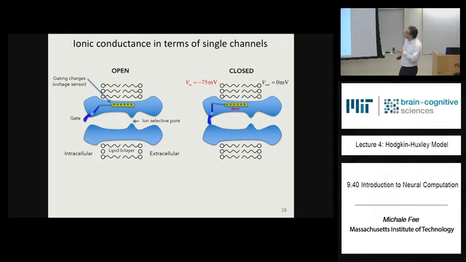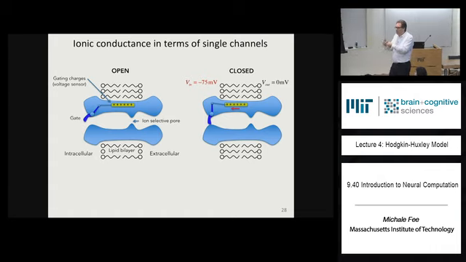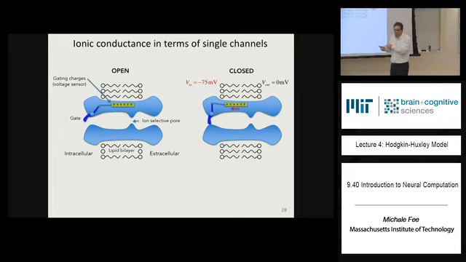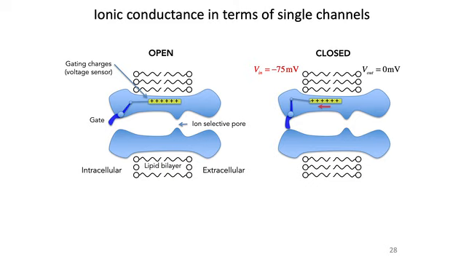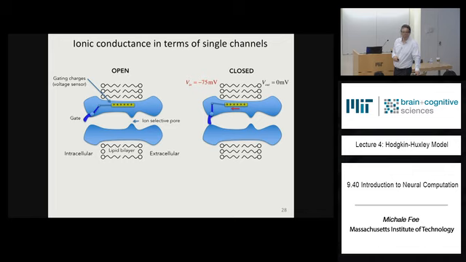Now, if we suddenly hyperpolarize the cell, so it's very negative, now there's an electric field inside the membrane that points toward the inside of the cell, which pushes those charges toward the inside of the cell. And now you can just have a little mechanical linkage. That's not really what it looks like, but there's some way that the amino acids in the protein are configured so that when those charges get pushed on, it closes a gate. And now the current can no longer flow through the ion channel. Okay?